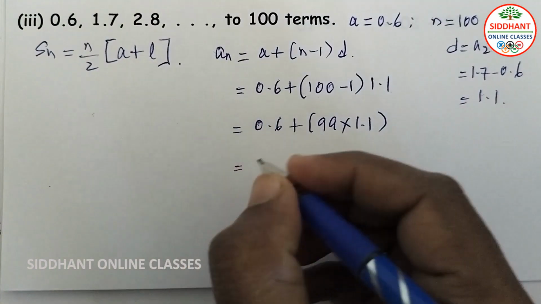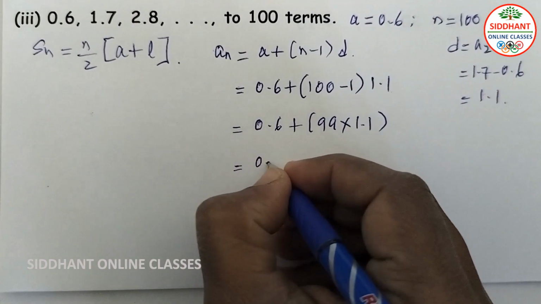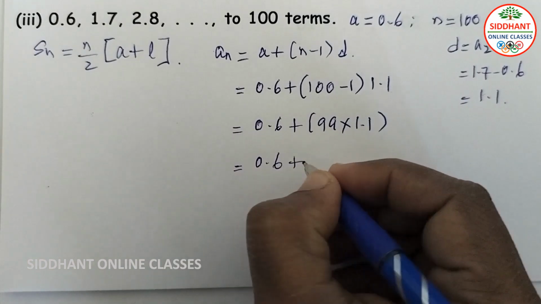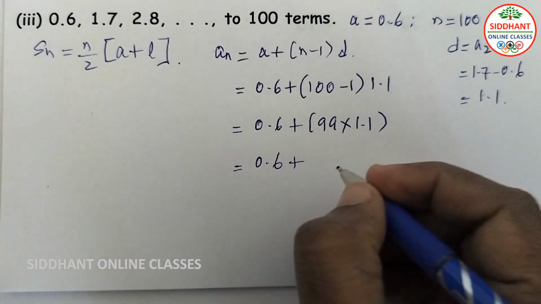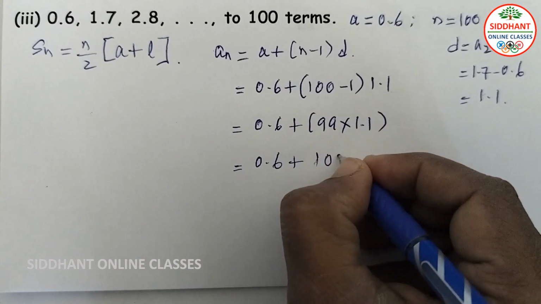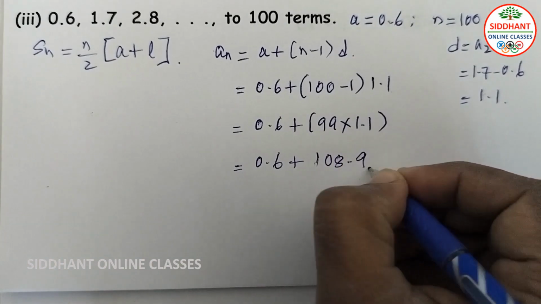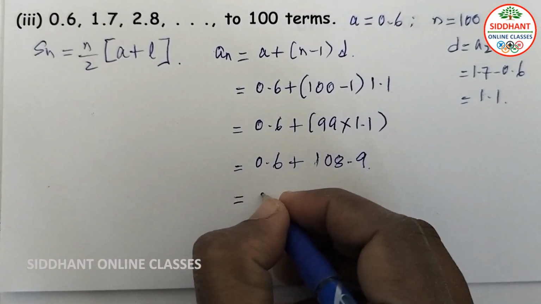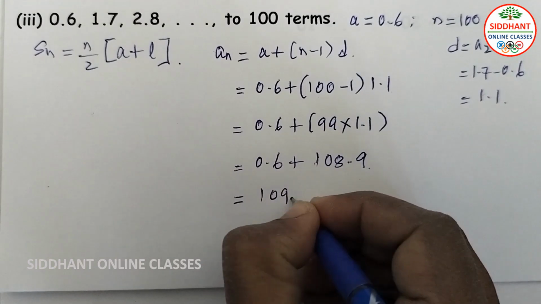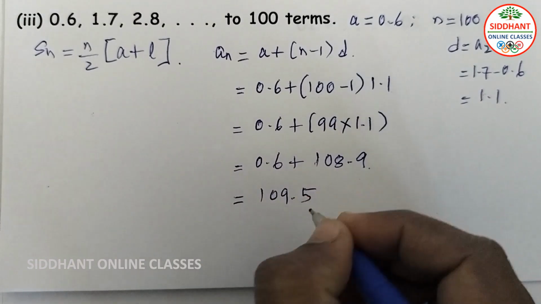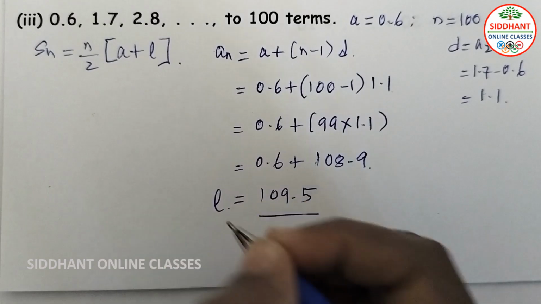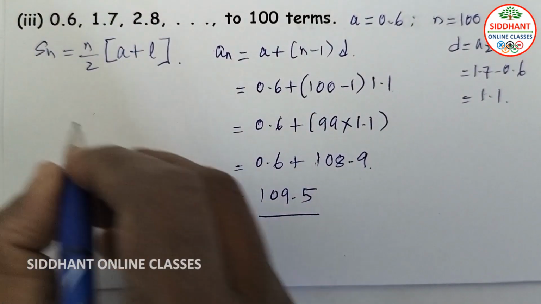So that equals 0.6 plus 99 into 1.1, we get 108.9. That equals 109.5. So this is the L value. Now we are going to find out the sum.